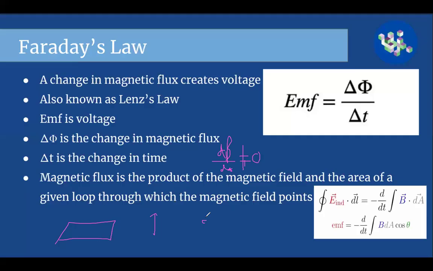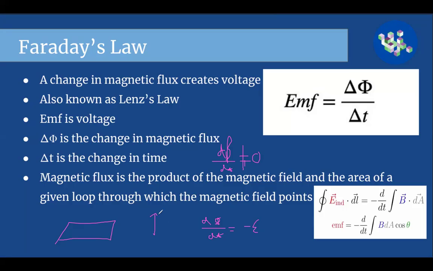So then, because B is changing, d phi over dt is not equal to zero. So d phi over dt is non-zero, and it will be equal to the negative of the voltage generated. Why negative? You'll start seeing why.